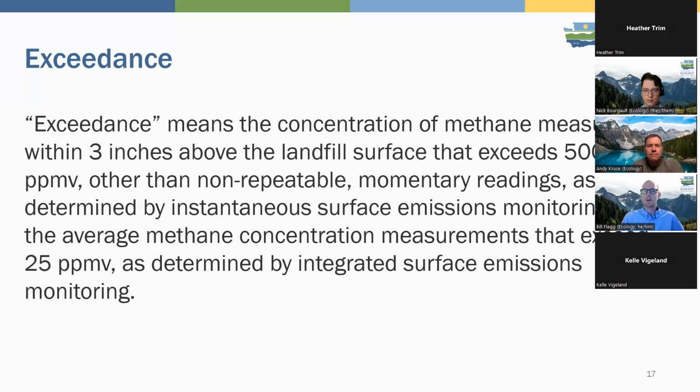So these numbers, 500 and 25, are pulled from our statute. We did not come up with these numbers. It is the language of our authorizing law. But an exceedance in this case is measured within 3 inches above the landfill surface.